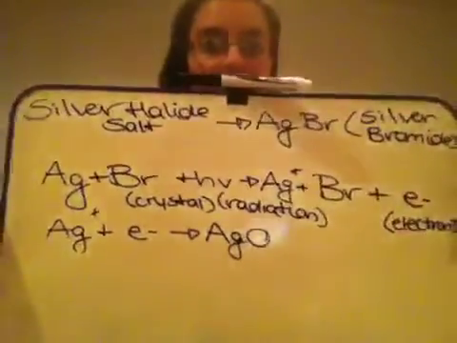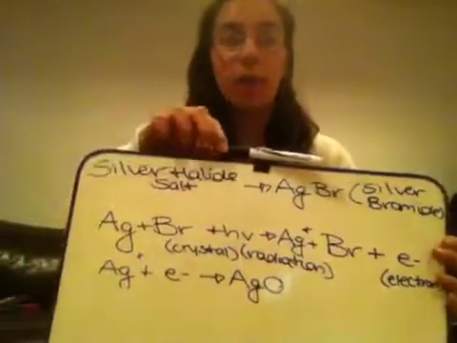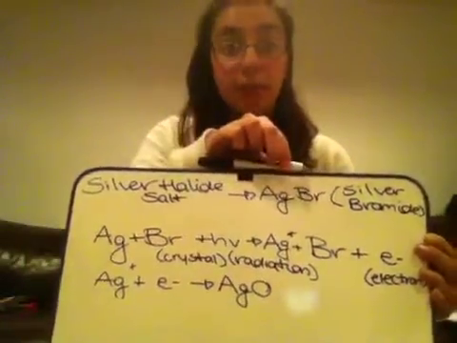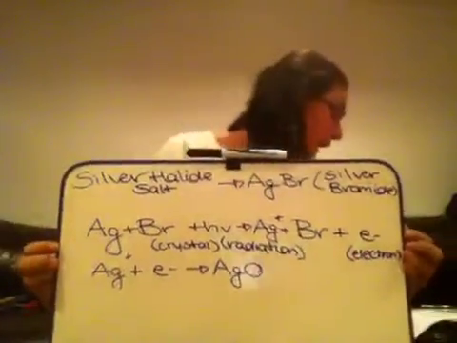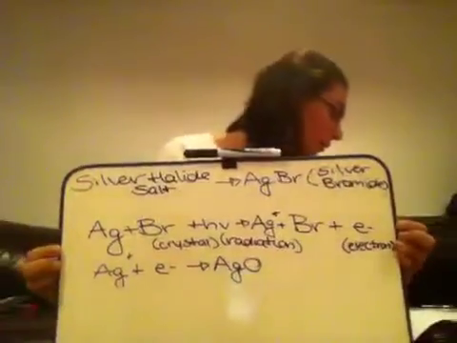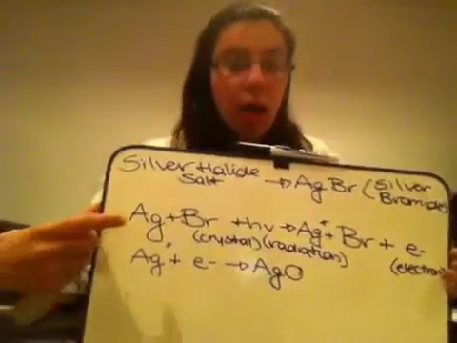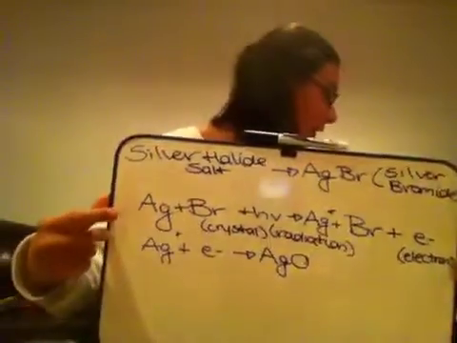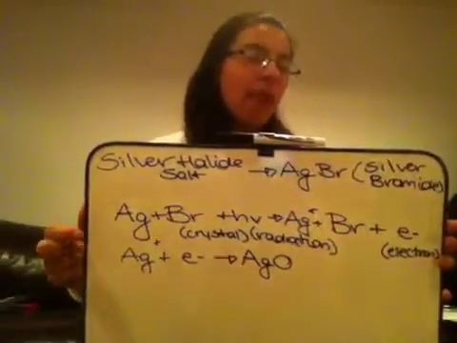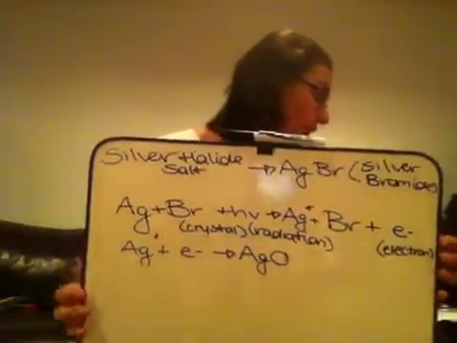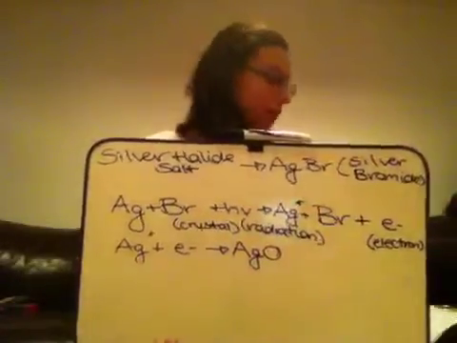As you can see, I wrote down silver halide salt, which is actually silver bromide. The equation for that is Ag plus Br minus, which is a crystal at this point, and then you add hv, which is radiation, which can occur especially when you're working with light.